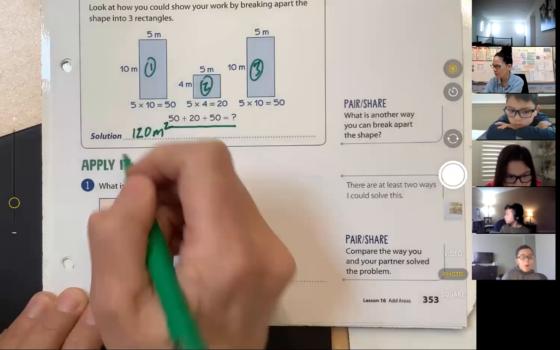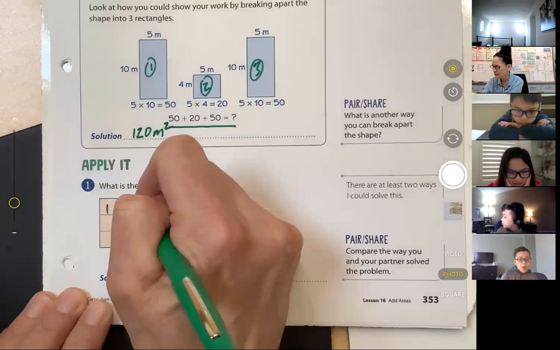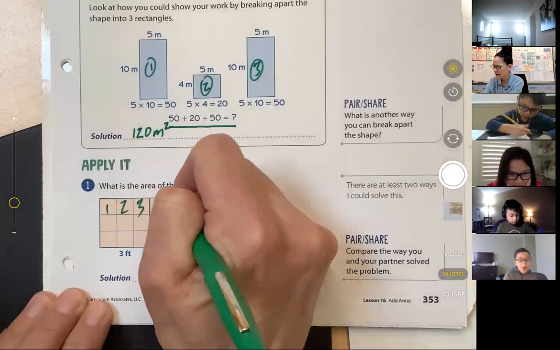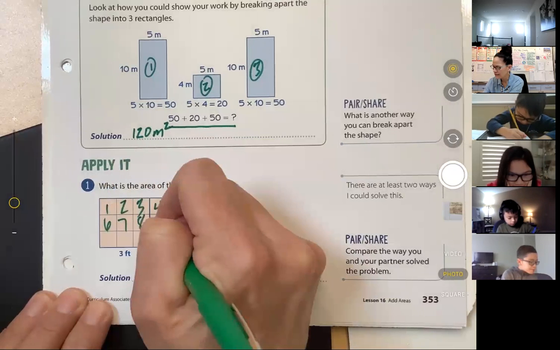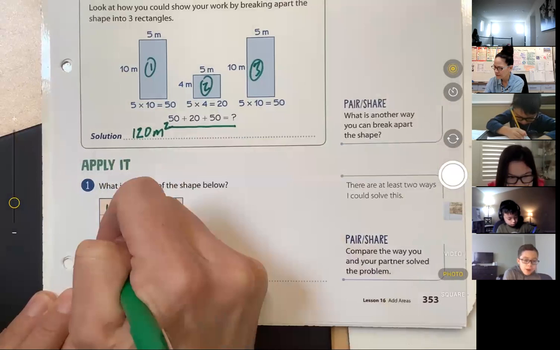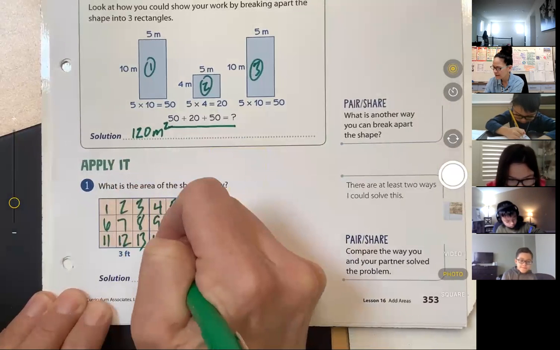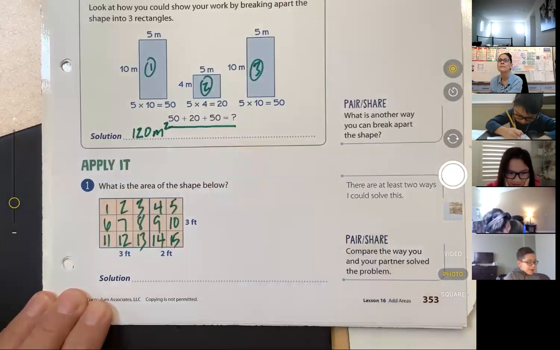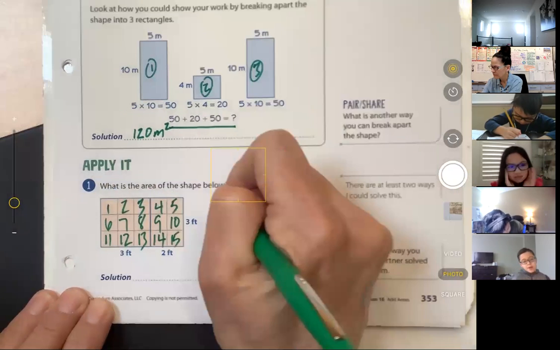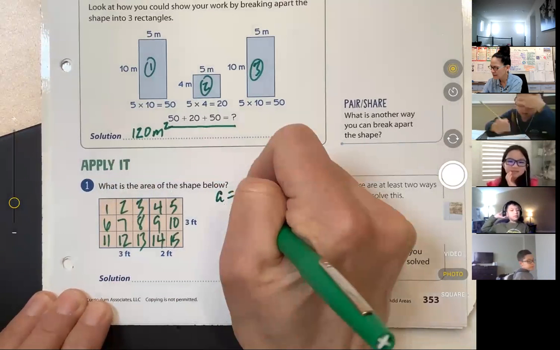We could say 1, 2, 3, 4, 5, 6, 7, 8, 9, 10, 11, 12, 13, 14, and 15. We could do that.